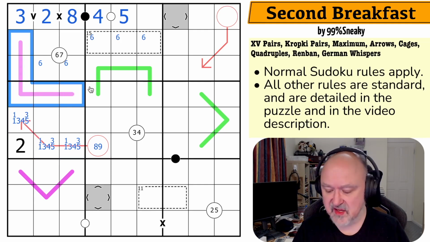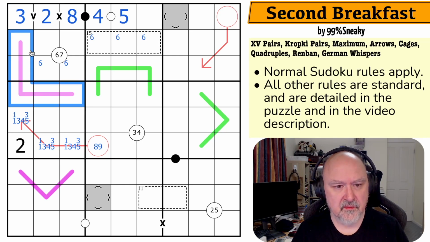So this is either 4, 5, 6, 7, 8 or 5, 6, 7, 8, 9. There must be on this line a 5, a 6, a 7 and an 8.